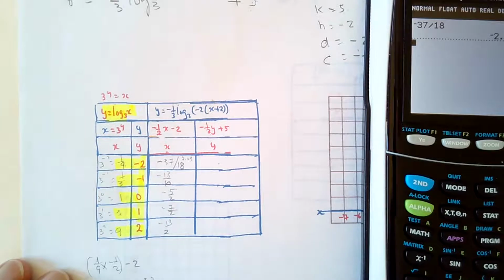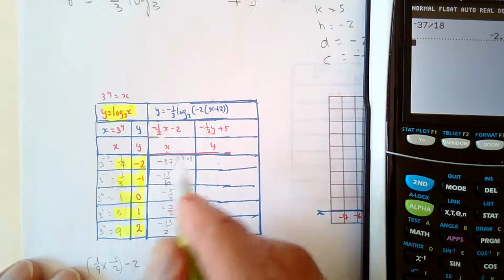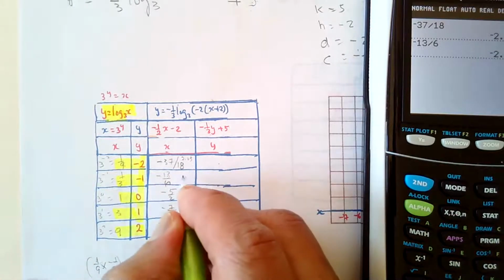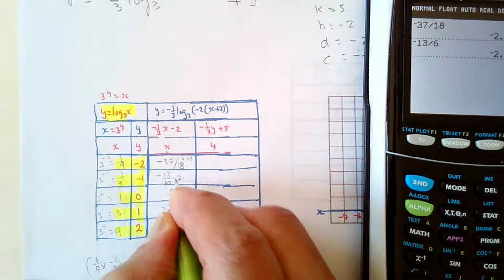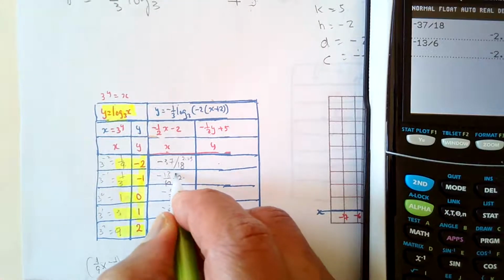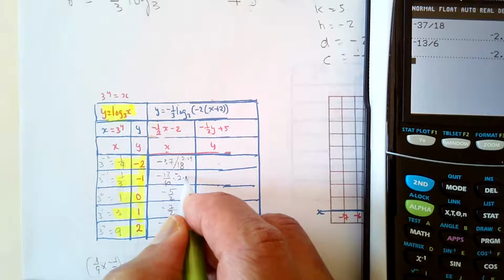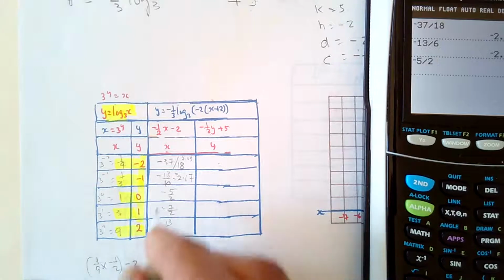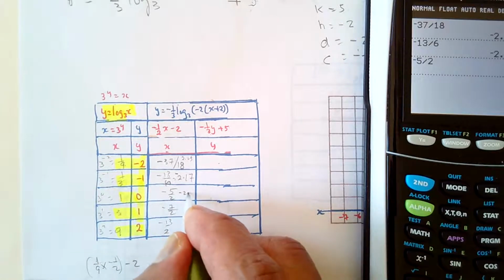I'll change these to simplified numbers. So we have negative 2.05. Negative 13 divided by 6 will give me approximately negative 2.17. Negative 5 divided by 2 is negative 2.5.